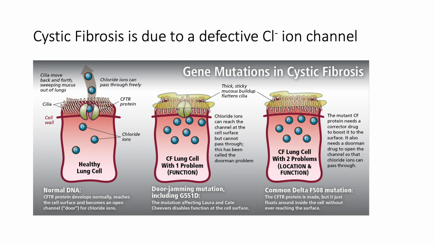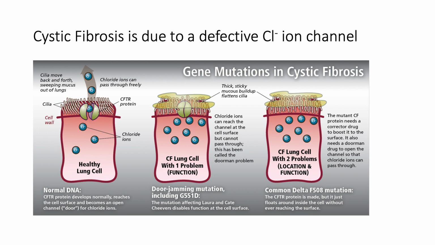controls the amount of extracellular fluid, the thought is that people who are heterozygous, while they don't show the full cystic fibrosis phenotype, may still have less extracellular fluid than people who are normal.